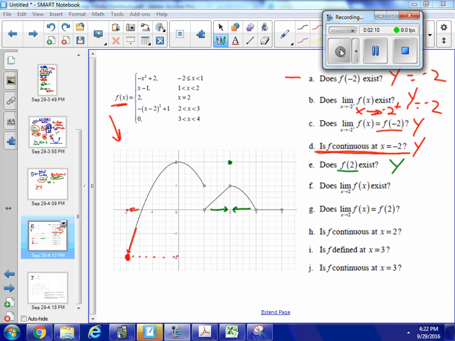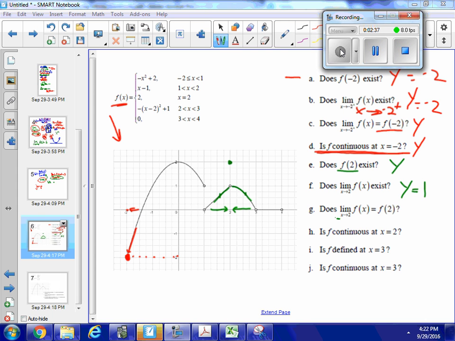If I look at what my function is doing, I'm getting very, very close to the number 1 from the left, and I'm getting very, very close to the number 1 from the right. So yes, the limit is the same from the left as it is from the right. So yes, that limit exists. In fact, that limit is equal to 1.